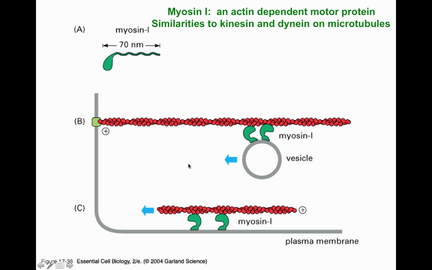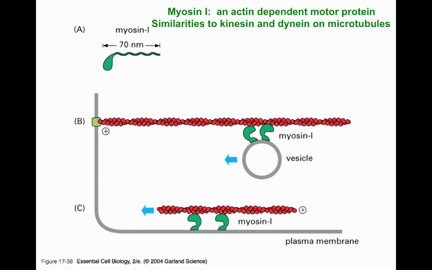At the same time, the myosin protein could be bound at the membrane itself, and then when it binds to the filaments, since the myosin motor is moving towards the plus end, a free filament like the one shown here in C is then being displaced to the left side. And this is something that we can observe readily in the laboratory under the microscope.